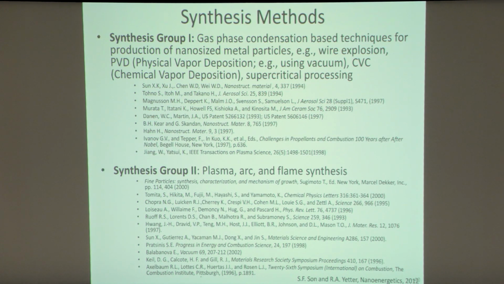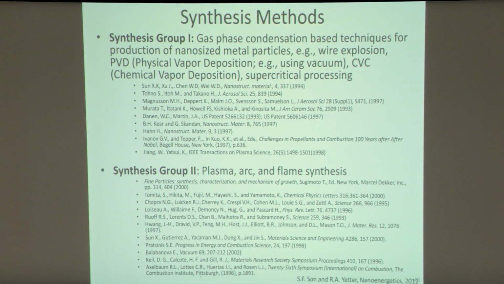In the case of supercritical processing, I might use it for the RDX particles that I just showed you. I dissolve the RDX in supercritical CO2 and expand it, and during that expansion process, the RDX particles start to nucleate and form small particles, and I need to then control the growth of those particles.